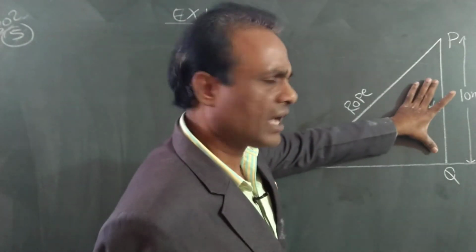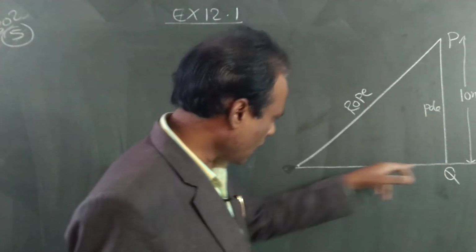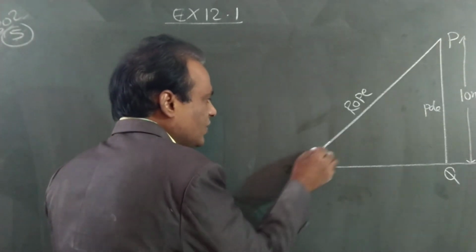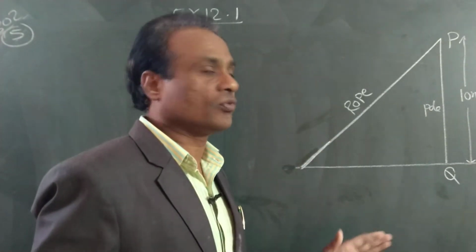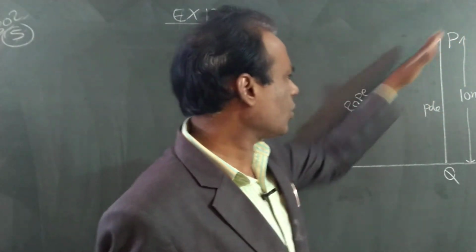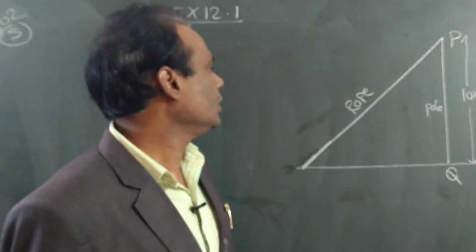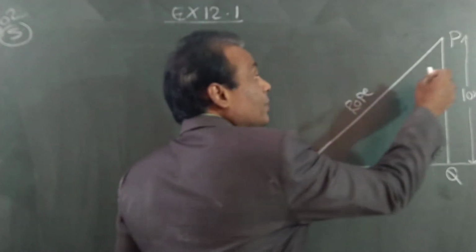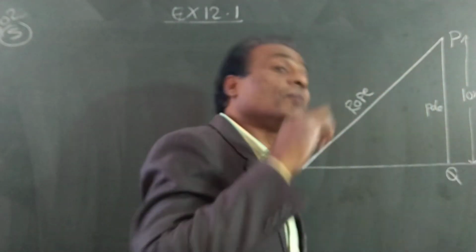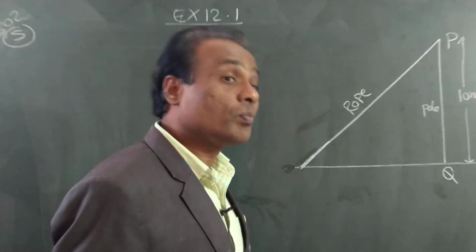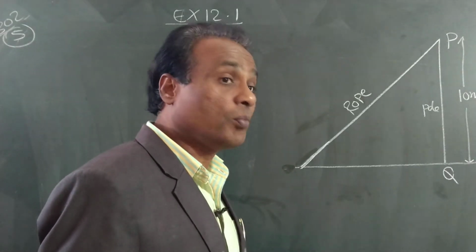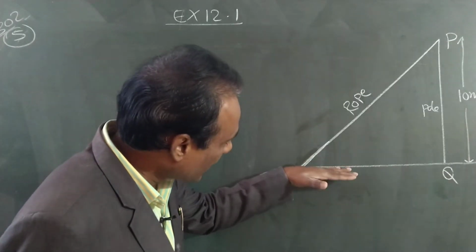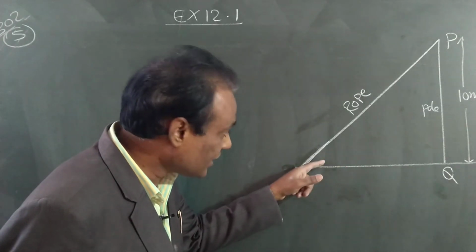Just the pole I have drawn, the ground. We are tying the pole. To fix that pole, we are tying 3 ropes. 1, 2, 3. One rope is sufficient. So this is one rope, and the rope is making 30 degrees with the pole. Rope is making 30 degrees with the pole, not with the ground. If the rope is making some angle with the ground, that angle we take.